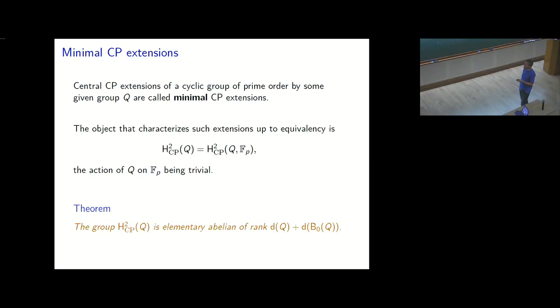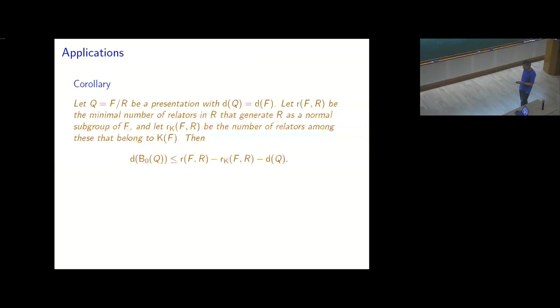Okay. Well, there is a nice application, because if you have a minimal presentation of a given group, and suppose that this thing is the minimal number of relators that generate R as a normal subgroup of F, which means that you have a minimal presentation. And now among these relators, you look at those which are commutators in the free group.